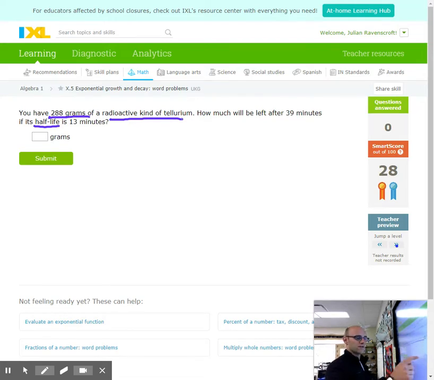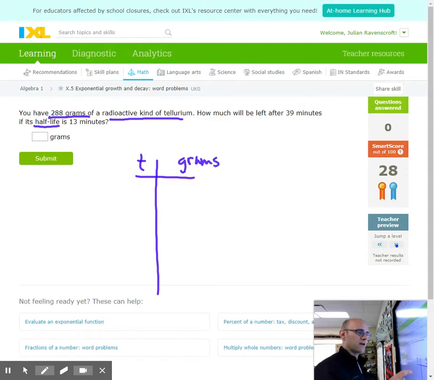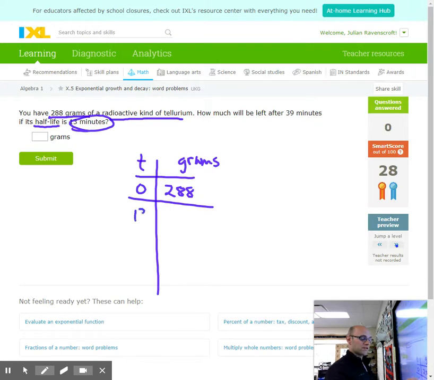So let this chart make sense to you here. I think we're saying that this is time and this is the grams of this weight of radioactive tellurium. Then we would say that at 0 time it's 288, but once the half-life of 13 minutes has gone by, this thing has been cut in half.